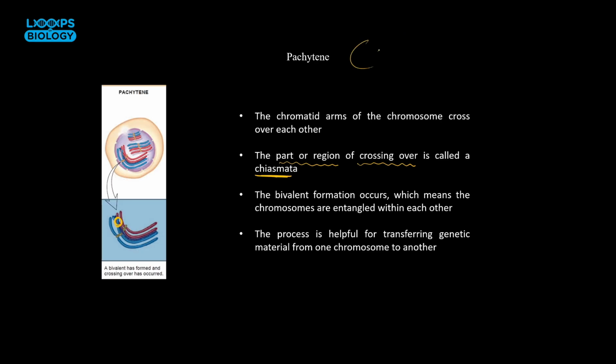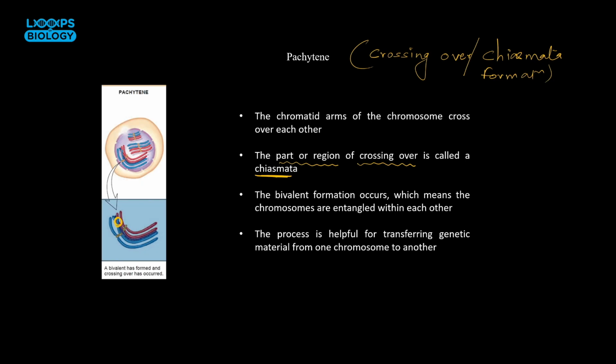So for pachytene, the word crossing over is important, and chiasmata formation is very important. You can call it chiasma as well. The chromatid arms of the chromosomes cross over each other, and this overlapping forms a chiasmata.